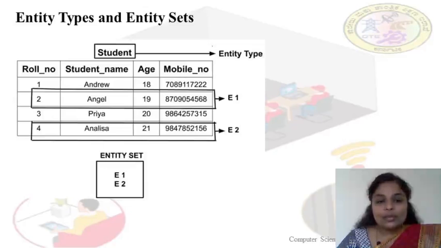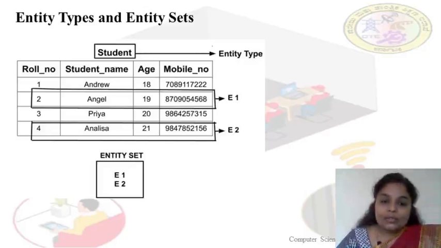Row 2 says 2 Angel 19 mobile number. 3 is Priya 20 mobile number. 4th is Annalisa 21 mobile number. What am I saying here? Angel, is it an entity? Yes, it is an entity. Andrew, is it an entity? Yes, even that is an entity. Priya is an entity. Yes. Annalisa is an entity. Yes, they are the entities.